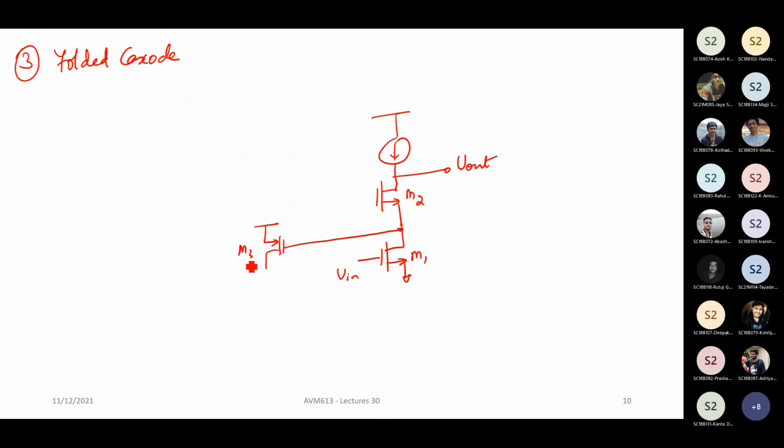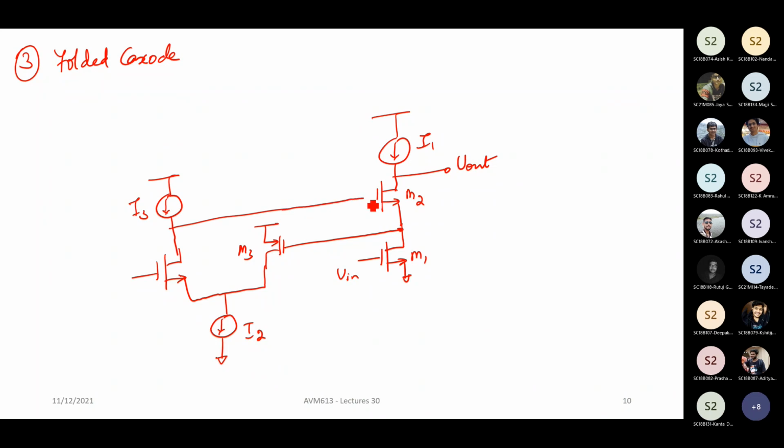So let's say this is M3, and then what happens in a folded cascode? You take this drain and give it to the source of the opposite transistor, which is basically the NMOS transistor. And of course, you have, let's say this is I2 to bias this, and then you have another I3 to bias this, and then this goes as the input to this one. Okay, let's say this can be some bias voltage, and this is M4.